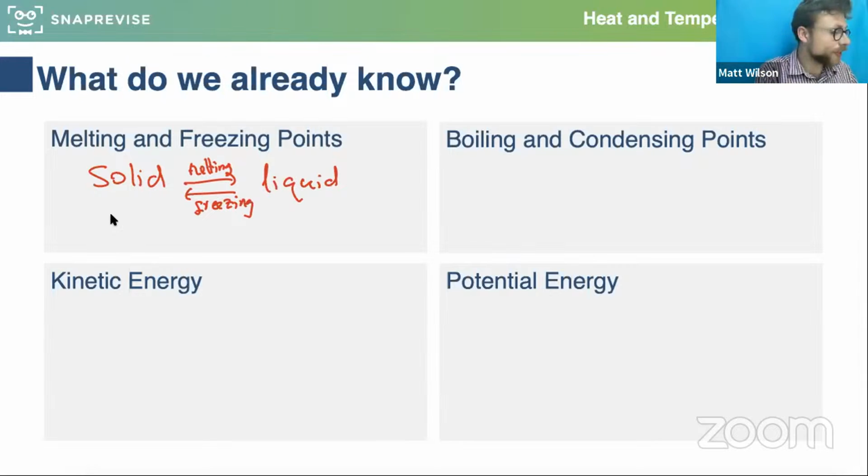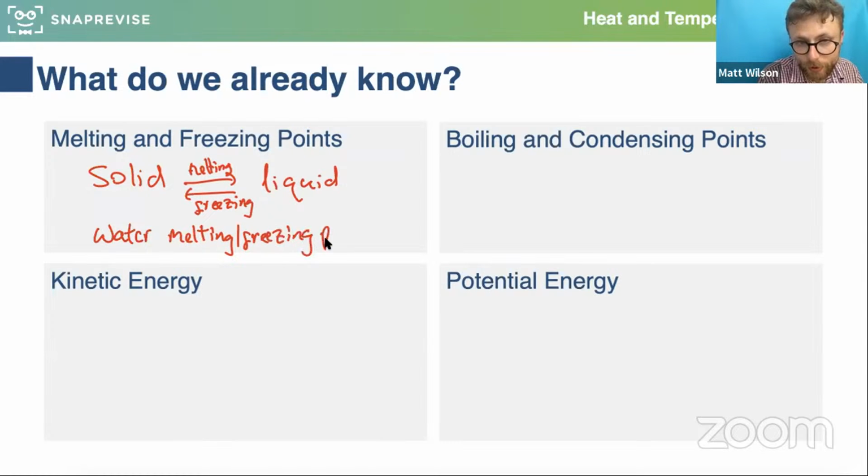Can anyone say in the chat the temperature at which water melts or freezes? Its melting or freezing point in degrees centigrade is 0 degrees centigrade. That's actually, I expect, why we called it 0 degrees centigrade at some point.